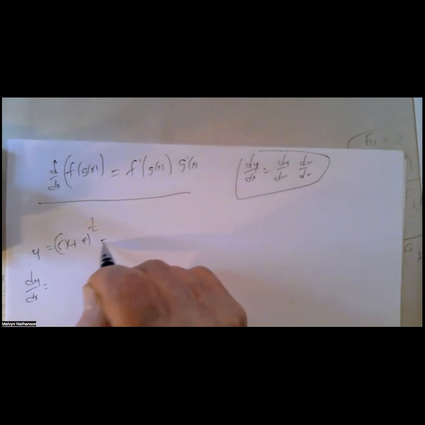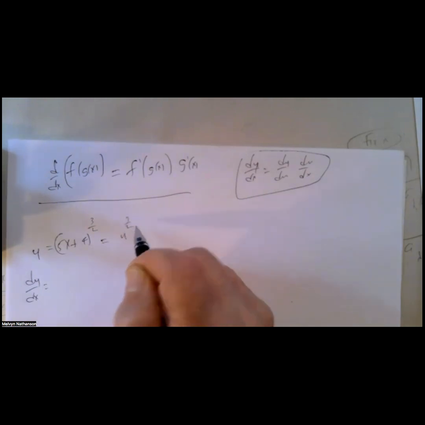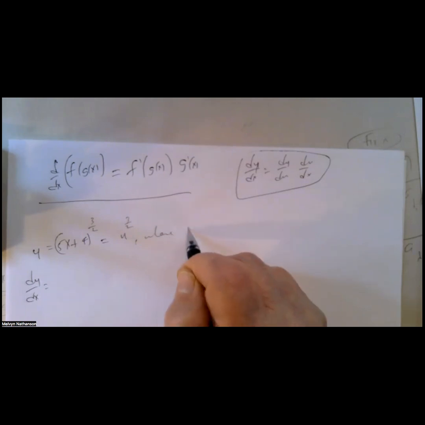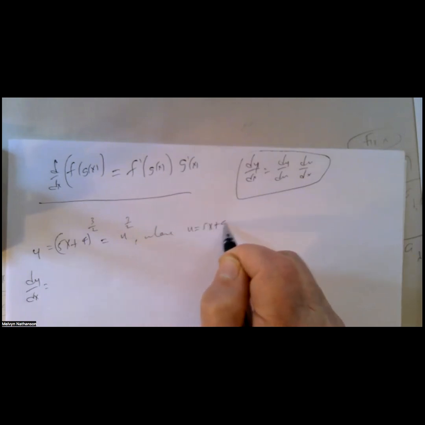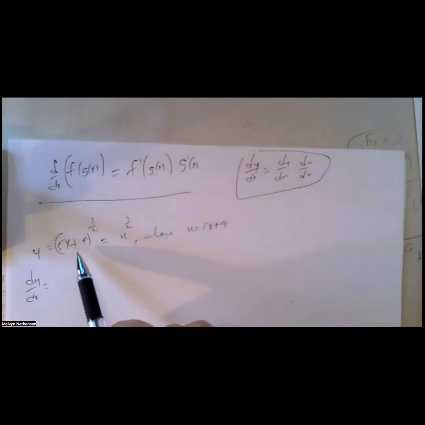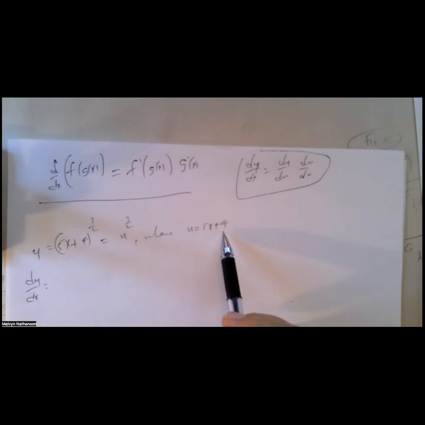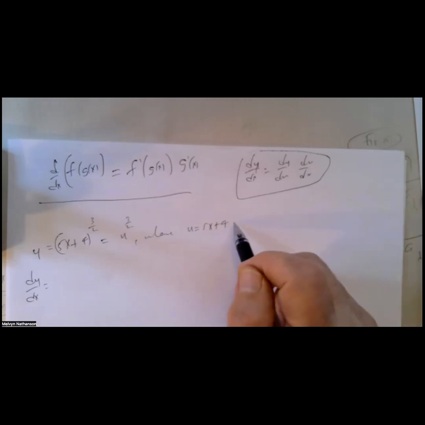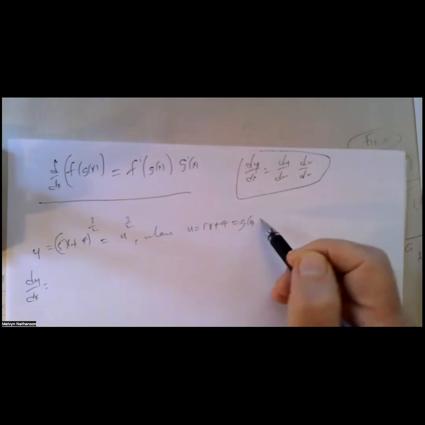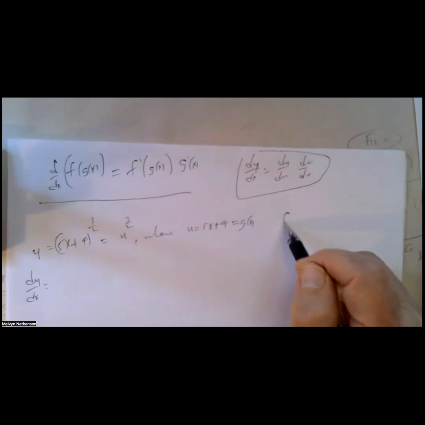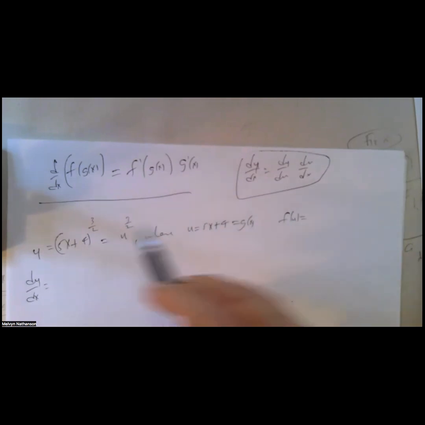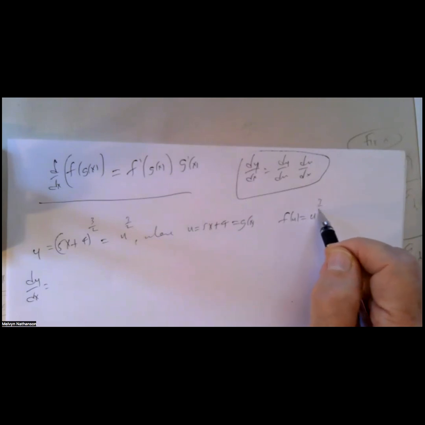Well, this is like u to the 3 halves, where u is 5x plus 4. So this is of the form something to the 3 halves power, and the something is 5x plus 4. So I can call this my function g of x, and my function f of u can be u to the 3 halves.